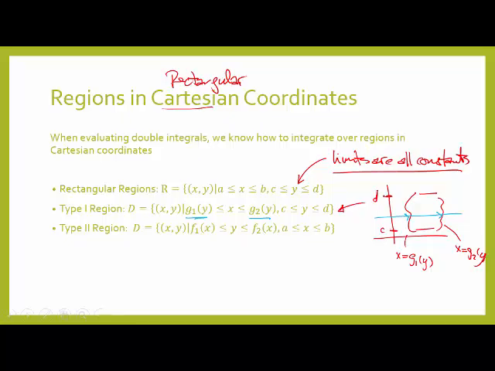This is when we're dealing with respect to x first. And then with respect to y is our second, outer integral, and the outer limits are going to be constants.